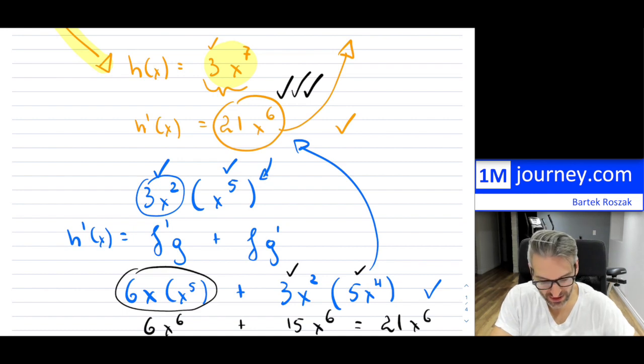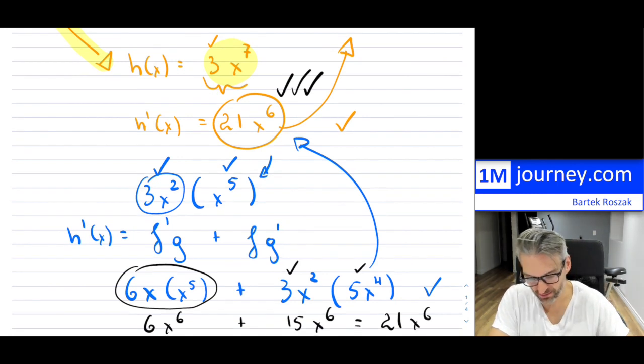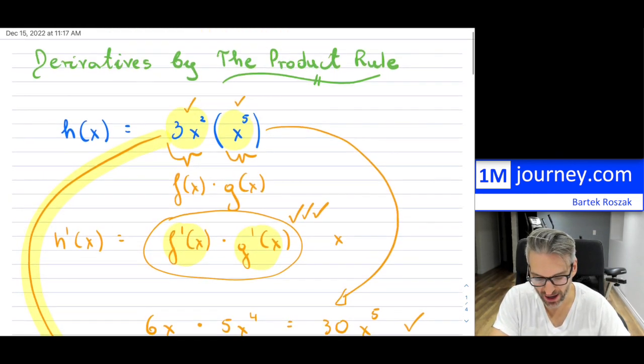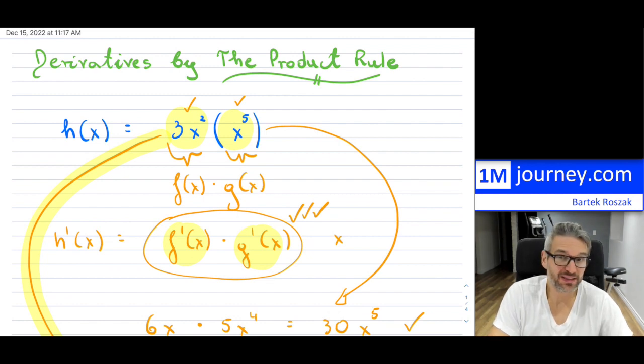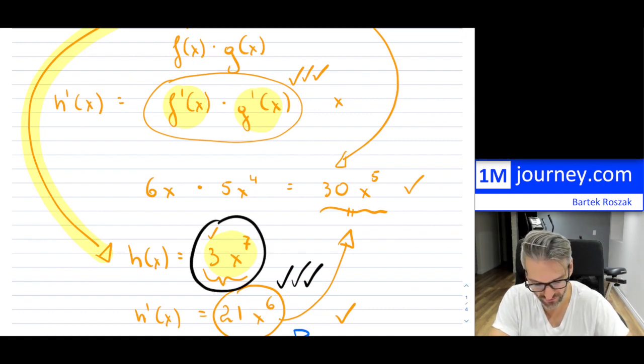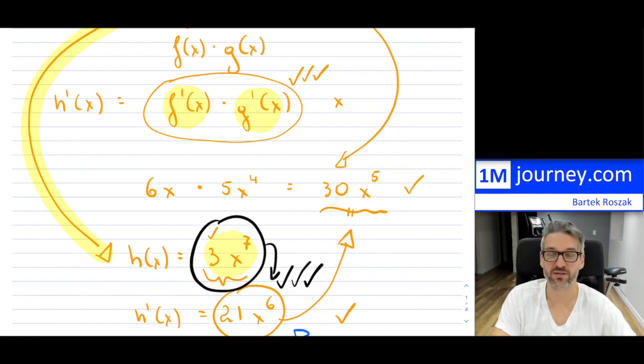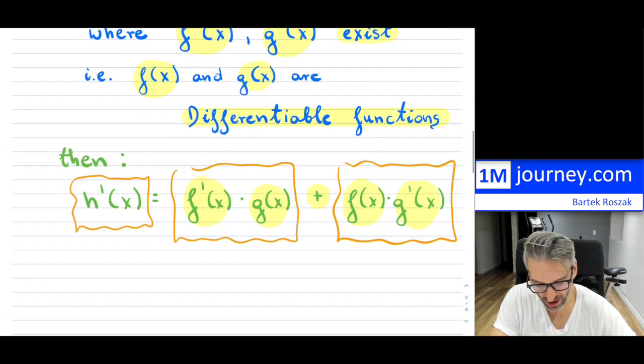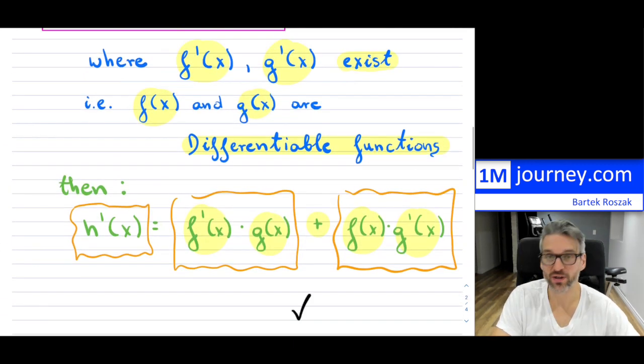Now, for this case, because these two functions are just power functions, we probably didn't need the product rule at all. We could have just simplified and then found it directly. It's a little bit less work. But as I mentioned, not all functions are that nice. So let's try to apply this product rule to some uglier functions.